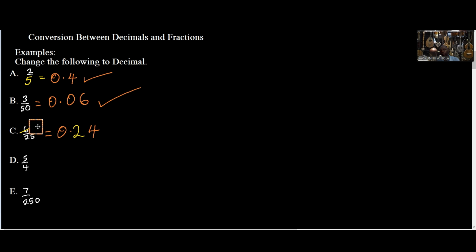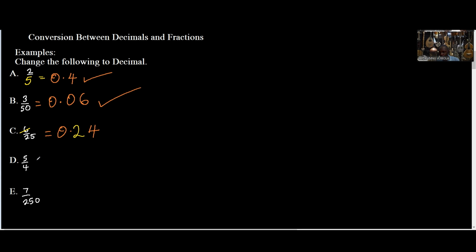That's 2 times. It will remain 10, because 25 times 2 is 50. So when you remove 50 from 60, you have 10. So you put a 0 again, making 100. How many 25s are in 100? That's 4. And it doesn't have any remainder. So our answer is 0.24.